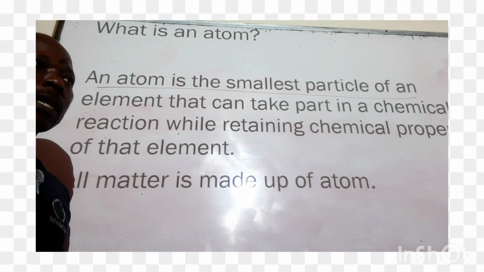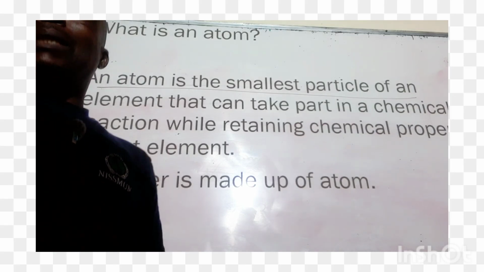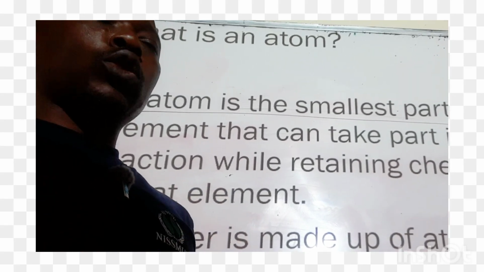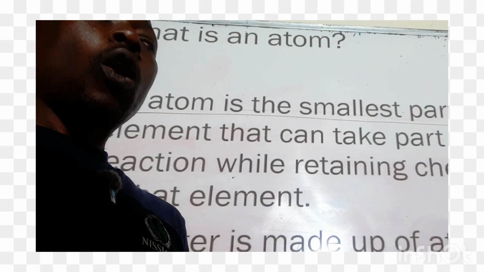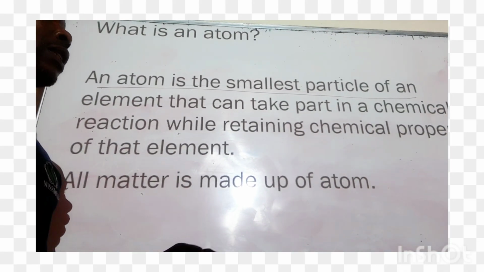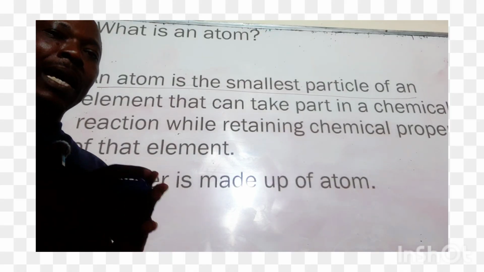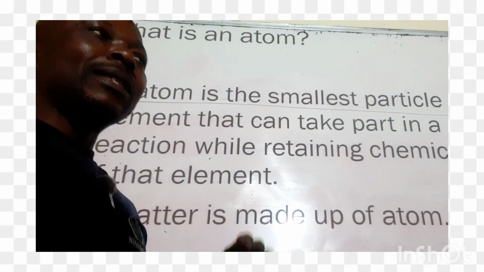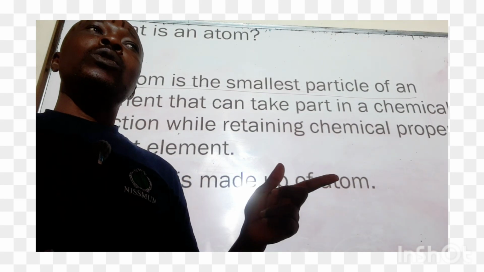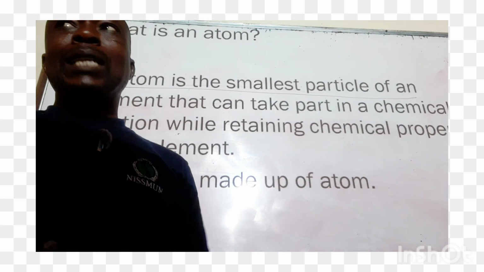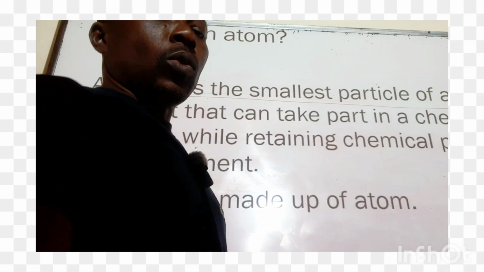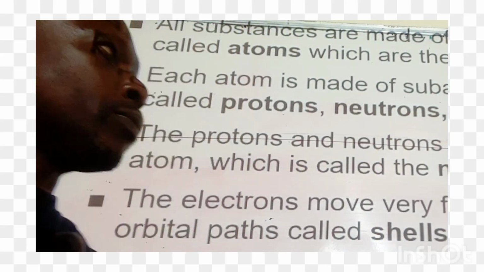Just as I say that all matters are made up of atoms, the smallest part of that matter, that when it is present in a chemical reaction, shows the chemical property of that matter and helps us to identify that matter, is what we refer to as an atom.